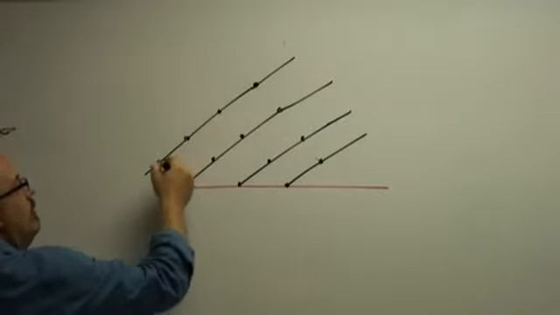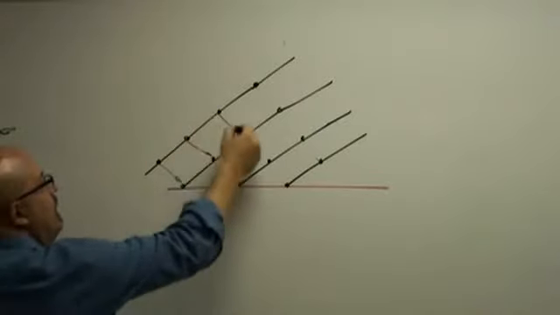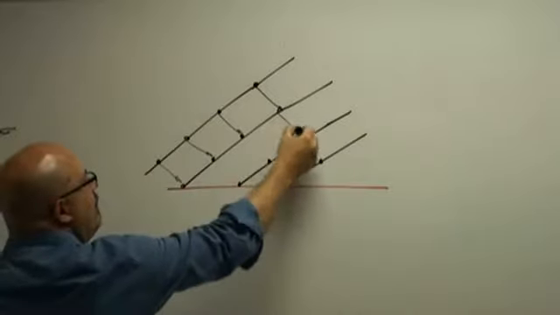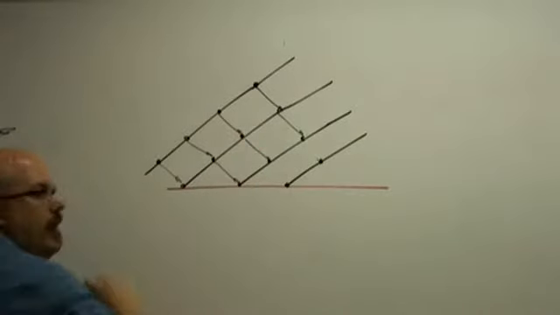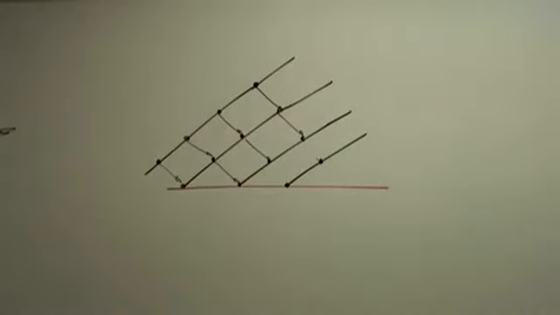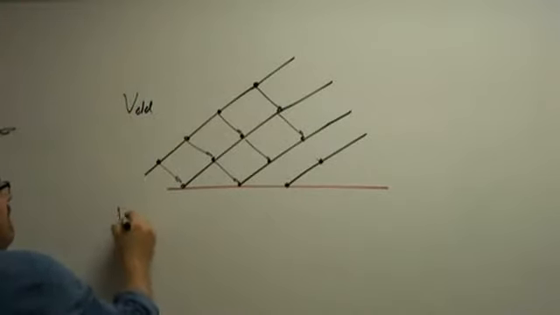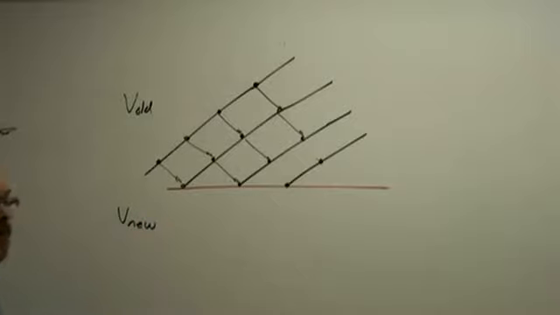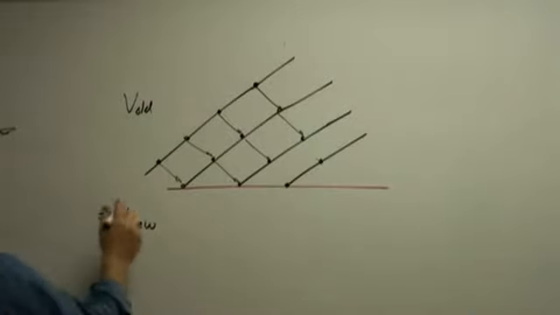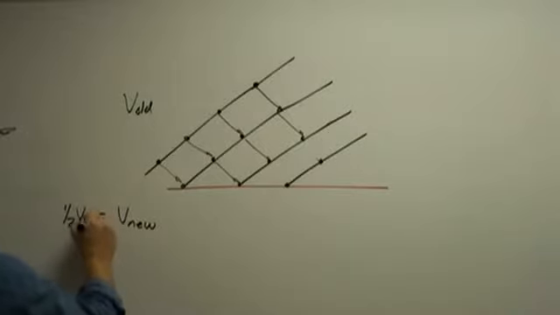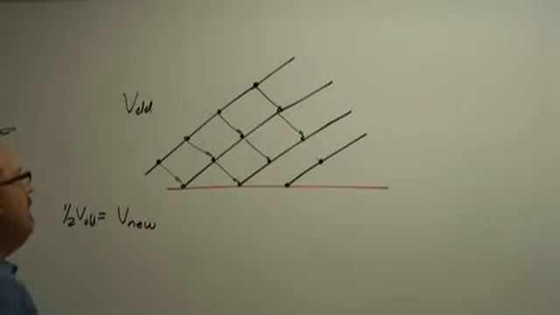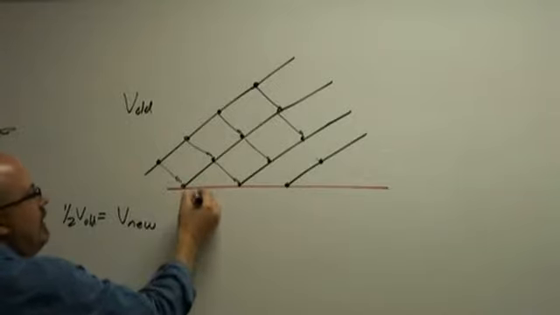Okay, and the wave is going this way. It goes this way, this way, this way, this way. This one goes this way, this way, this way. But let's say that the velocity in the old medium and the velocity in the new medium are not the same. Let's say the velocity in the new medium equals 1/2 of the velocity of the old medium. So instead of this point going this distance, it's only going to go half that distance to right here. Okay?